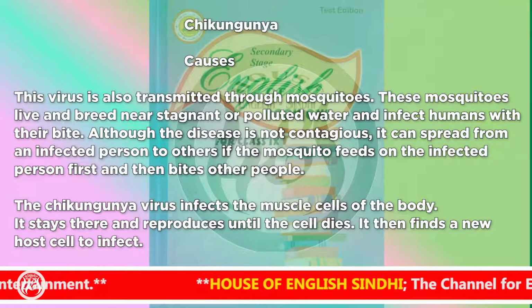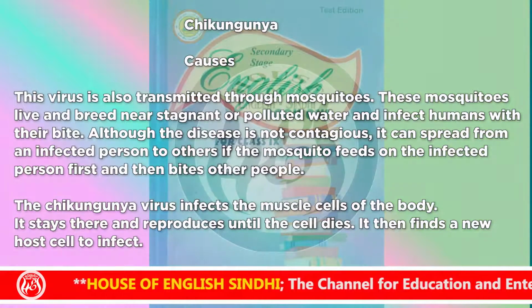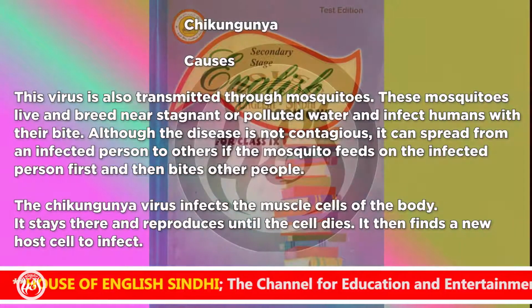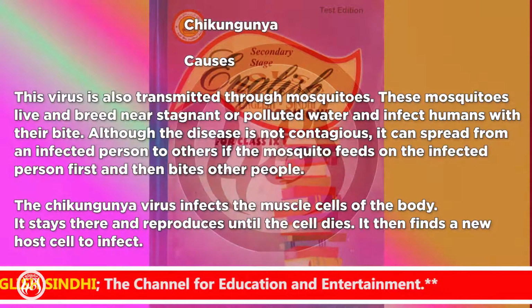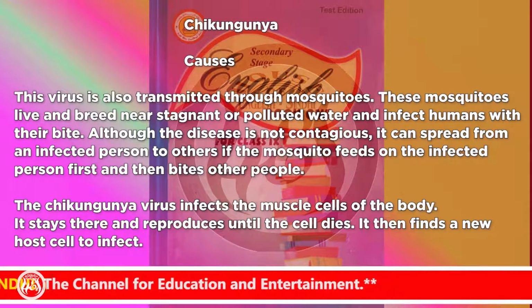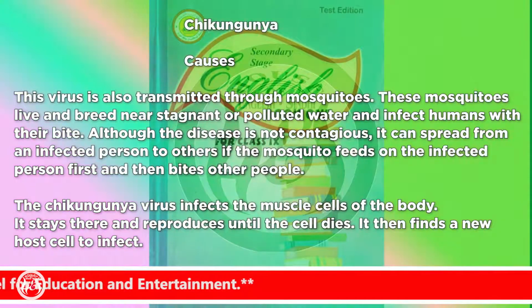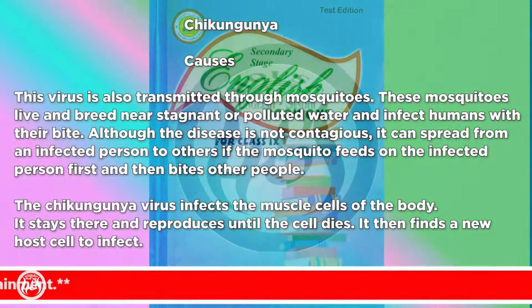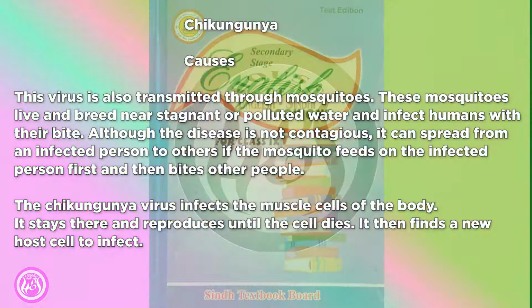If the mosquito feeds on the infected person first and then bites other people, the chikungunya virus infects the muscle cells of the body. It stays there and reproduces until the cell dies. It then finds a new host cell to infect.